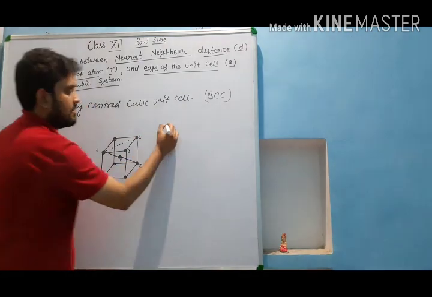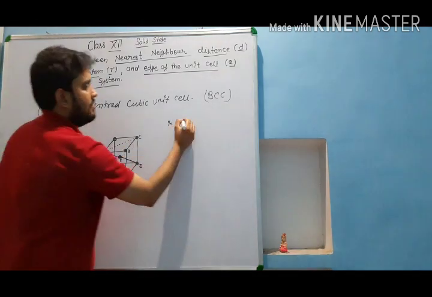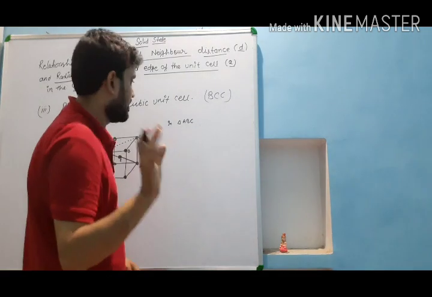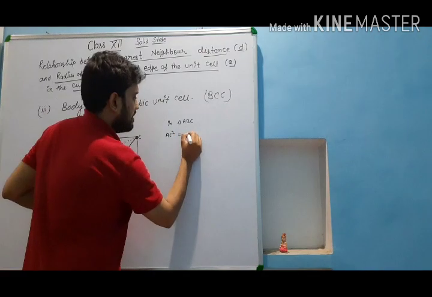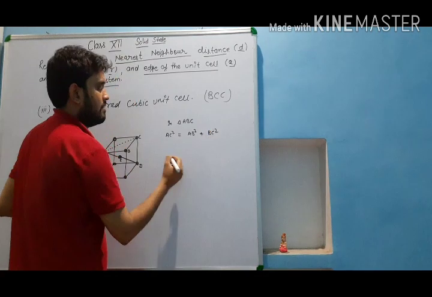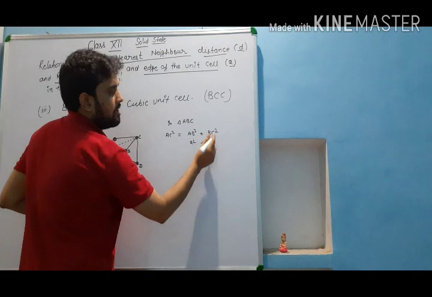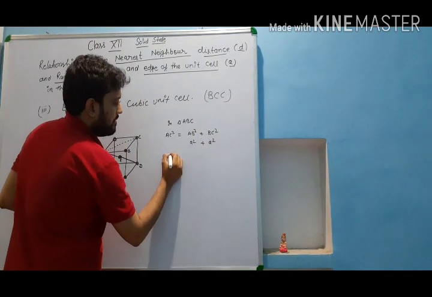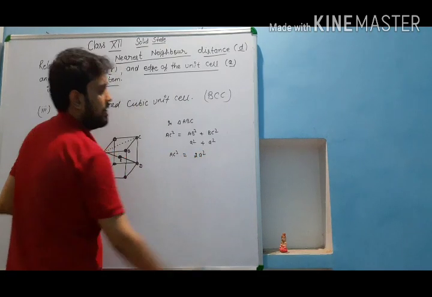In the first triangle ABC, by applying the Pythagoras theorem, AC square equals AB square plus BC square. For AB square, the length is a square. For BC square, the length is also a square. Then AC square is 2a square.